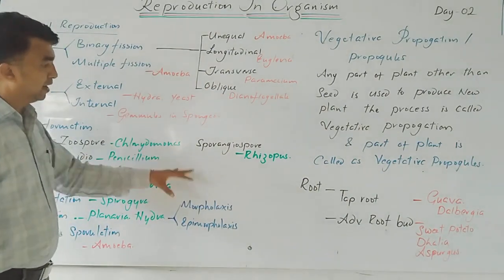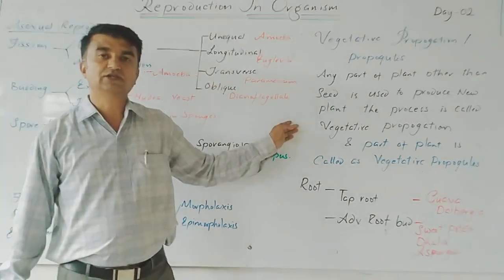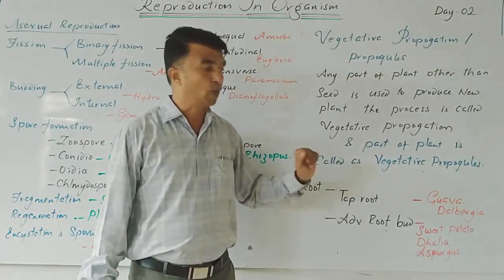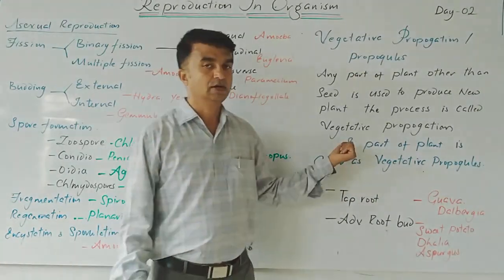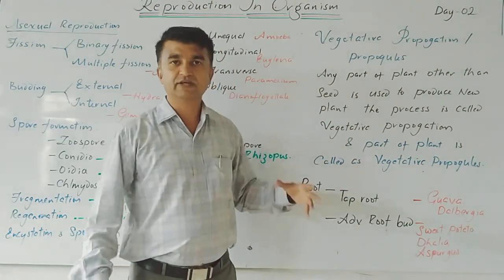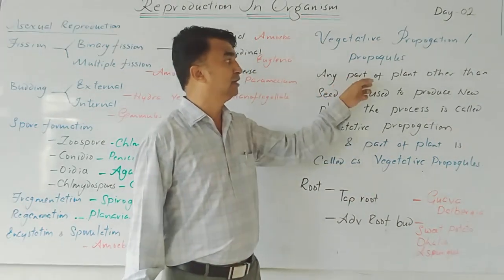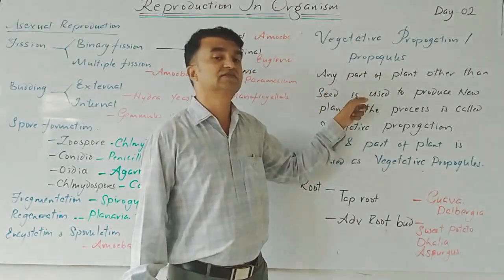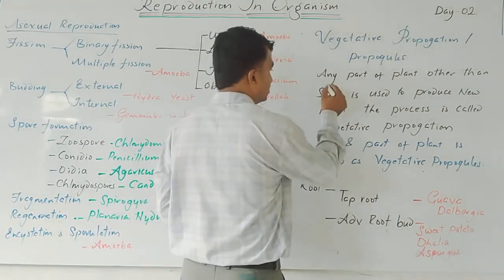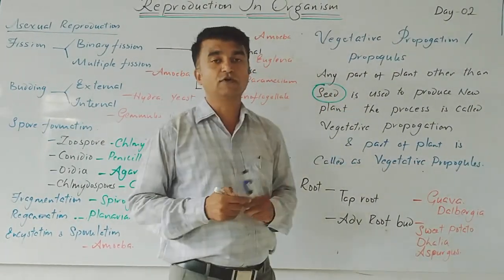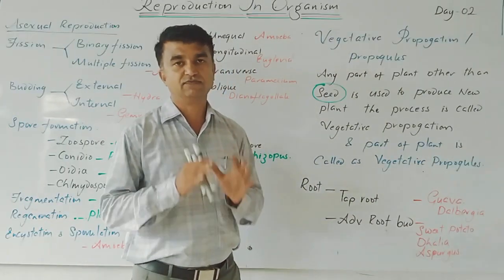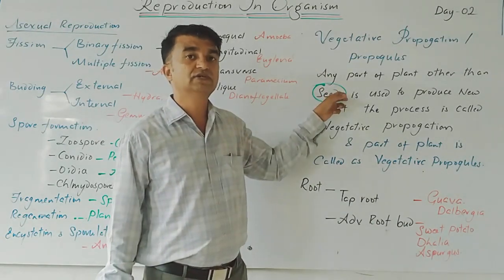Now, vegetative propagation is also asexual reproduction, seen in the plant kingdom. It is called asexual because only one parent is involved. It is uniparental. The definition can be written as: if we use any part of the plant other than the seed, which is a product of sexual reproduction, meaning after pollination and fertilization a fruit is formed and inside that fruit is the seed.